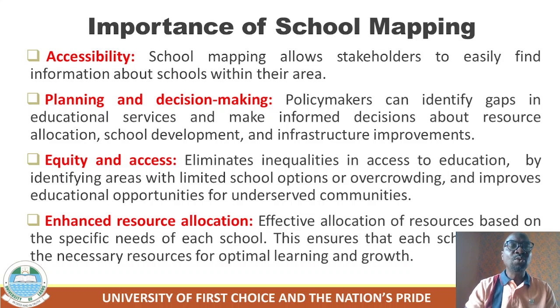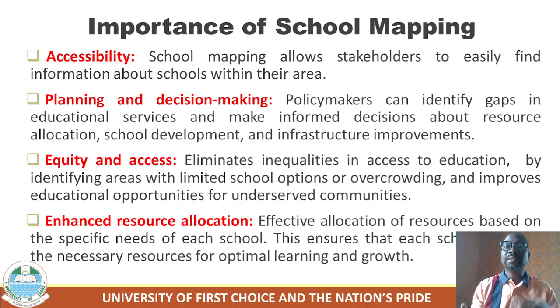Then the school mapping exercise is very, very important because it leads to the enhancement of resource allocation. So there is enhanced resource allocation once we embark on school mapping, because effective allocation of resources based on the specific needs of each school will be carried out. Now we have embarked on a school mapping exercise.